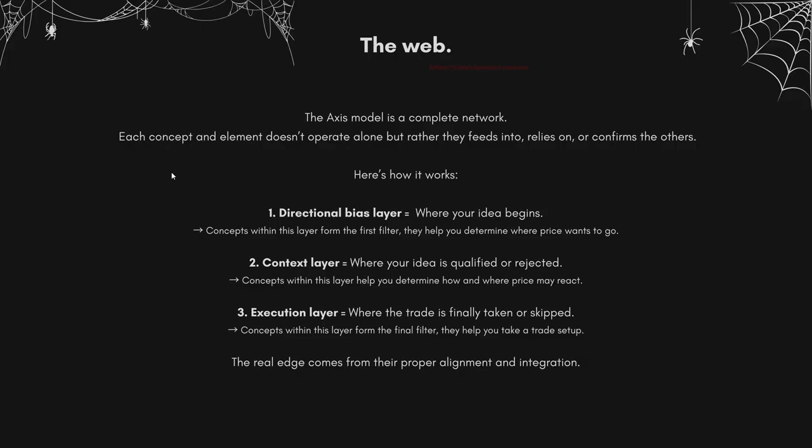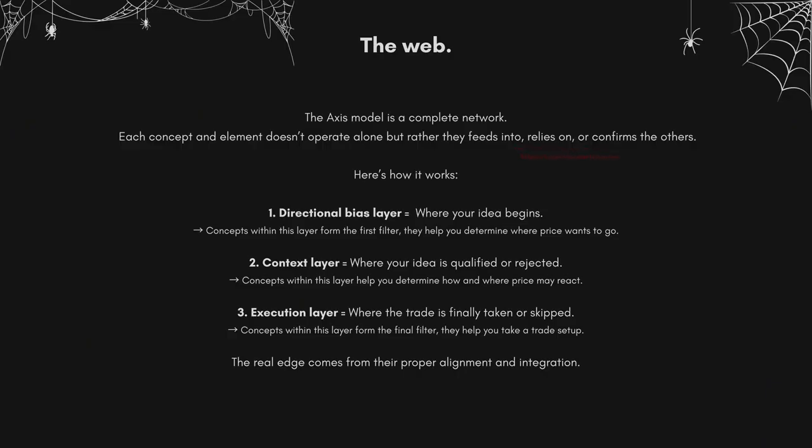Okay? And then within those frameworks, each concept plays a key role, and together they either confirm each other and establish a particular objective like establishing or determining a directional bias, or they systematically reject each other through proper logic and proper guidelines and protocols, which in turn leads to the invalidation of a bias, which is just as important as building a bias, because obviously trading isn't just about when to trade but also when not to trade.